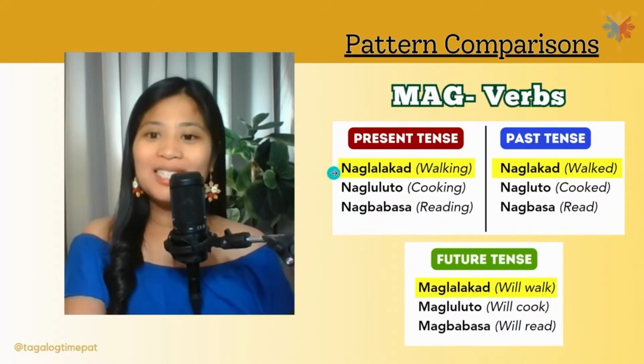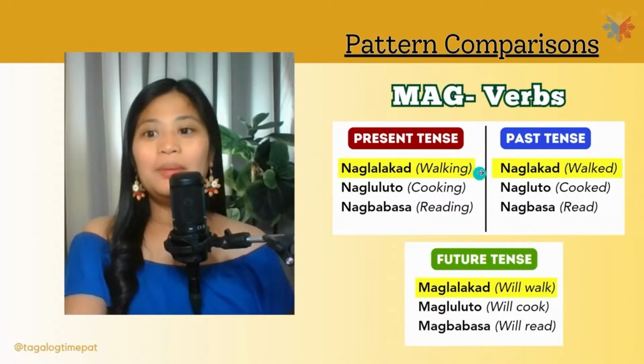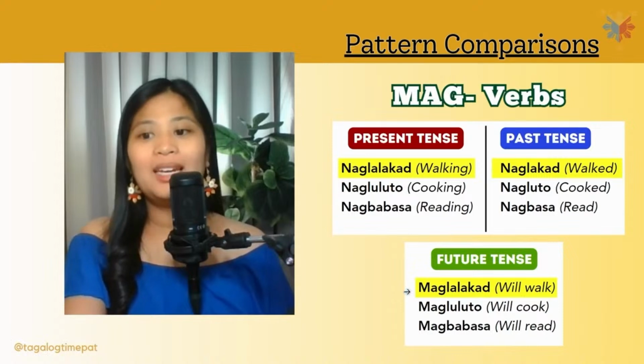So in the present tense, to walk, it is naglalakad. That means walking. In the past tense, to walk is naglakad, walked. In the future tense, it's maglalakad, that is will walk.